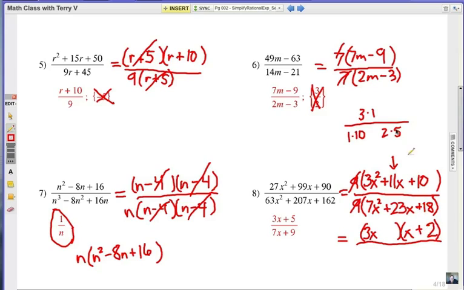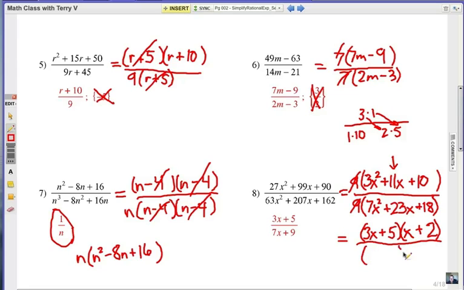Positive 2. And the 1 has to multiply by the 5. So a 1x times a 5. Hope that you followed that. I have a video on a factor box method which organizes your guesses a little bit better that way. So it's going to be 3x plus 5 and x plus 2.